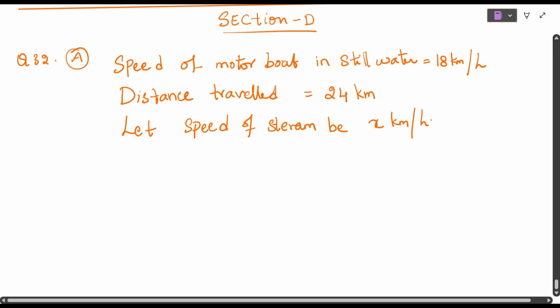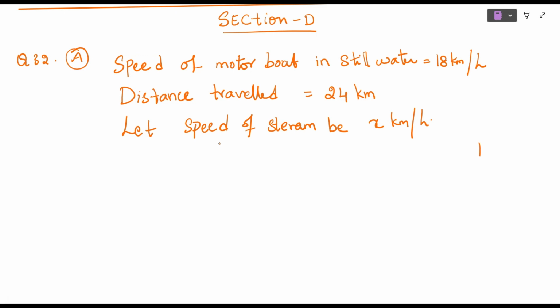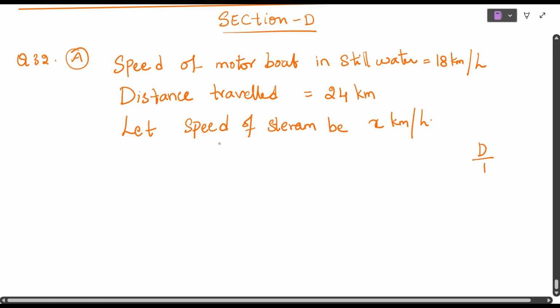Here we should know the formula, students. Speed is equal to distance by time. From this we can calculate time, that is distance by speed. Here they are telling about the time now.